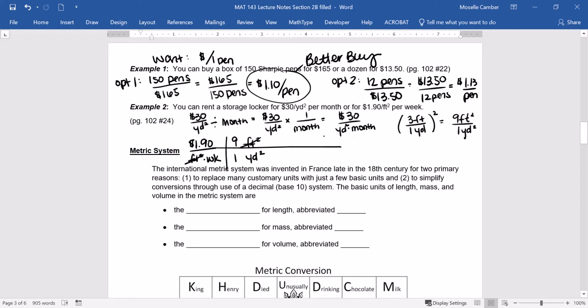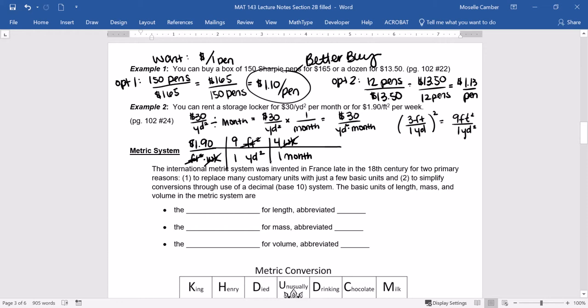And now I have week, but I want month. So we'll just estimate that there are 4 weeks in every month. So I'm going to put the 4 weeks on top because I want the weeks to cancel. And 4 weeks is equal to 1 month. So now we have dollars in the numerator, which is what I want.